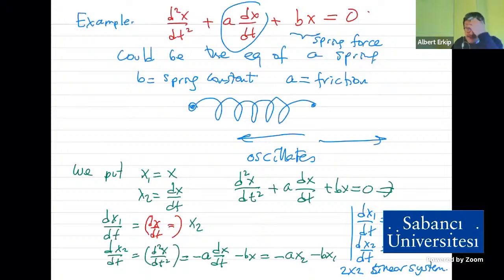Knowing how this behaves, with (0, 0) as the fixed point, will solve a true physical problem. We will look at this later when we do examples. This is one of the most basic examples we will see. Depending on the constants a and b, we can say this is a stable system.